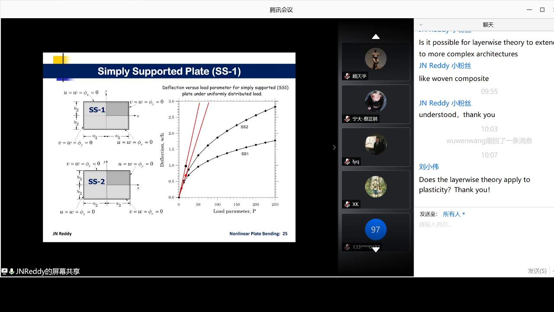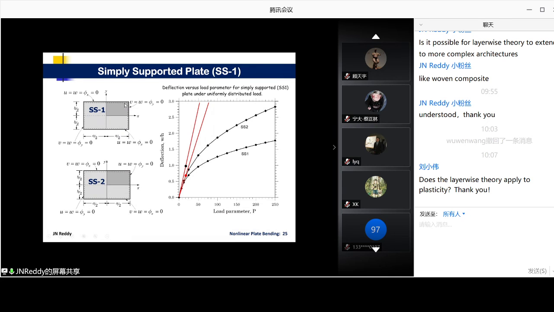Once you have that settled, solving the problem using computer codes is very easy because they're all there. It's just a question of writing or inputting the data correctly. So anyway, for the two different problems here, in one I have u, w, φx is 0, in the other case v, w, φx is 0.